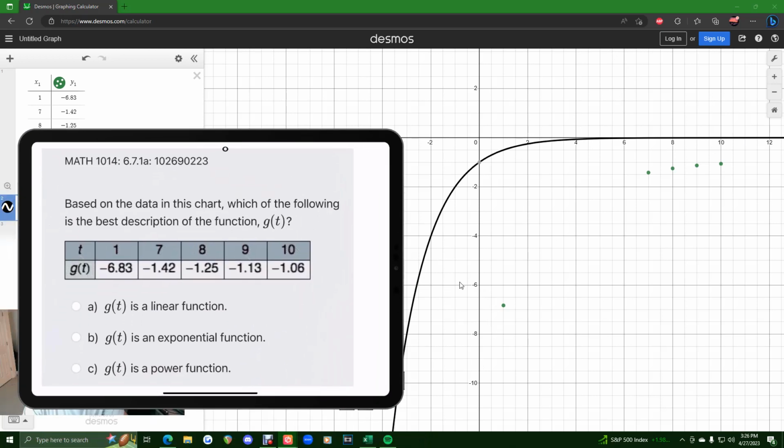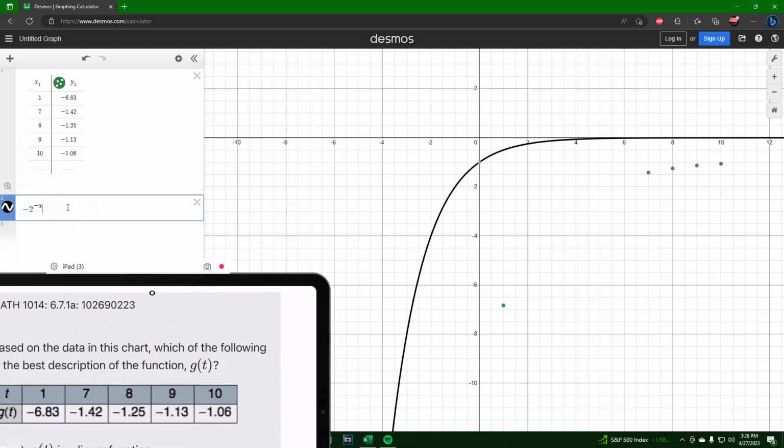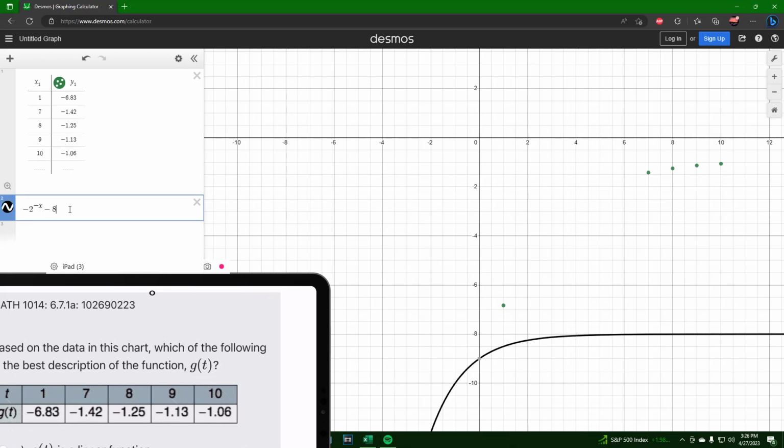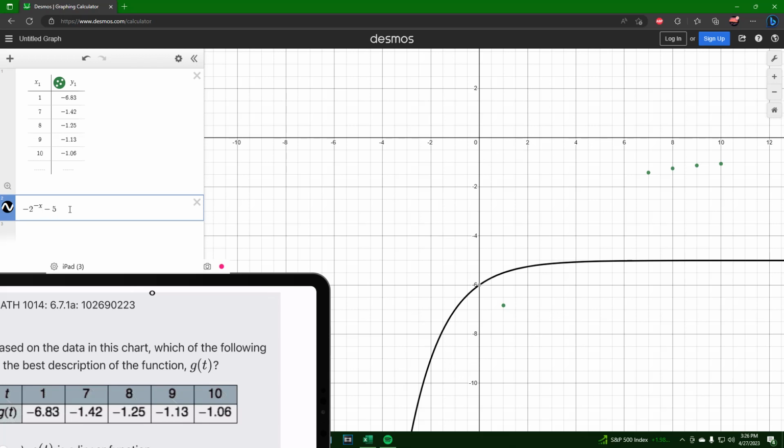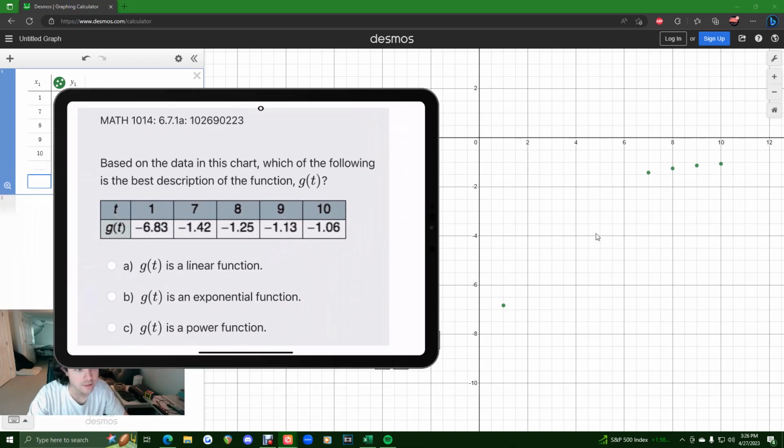In this case, let's see if I can get it to almost match it here. So like negative 8, maybe negative like 7, 5, something like that. It's a little rough. Hopefully you get the idea I'm trying to get across here. Does that kind of curve best fit these points, visually? I would say that's probably our best bet.